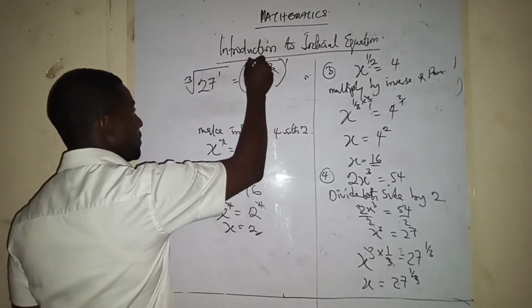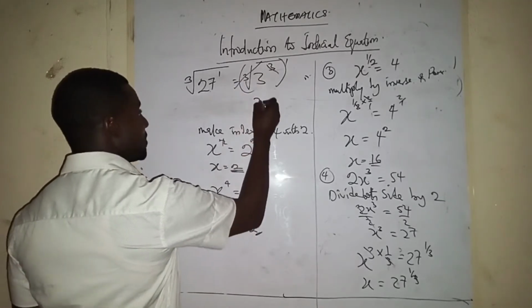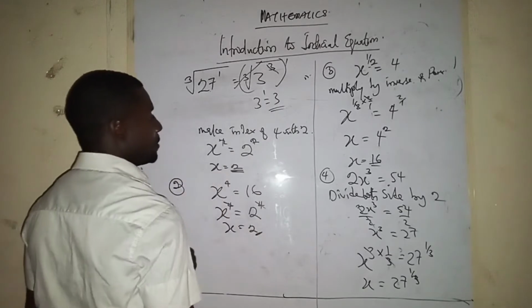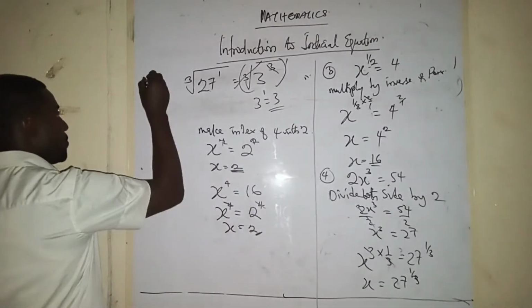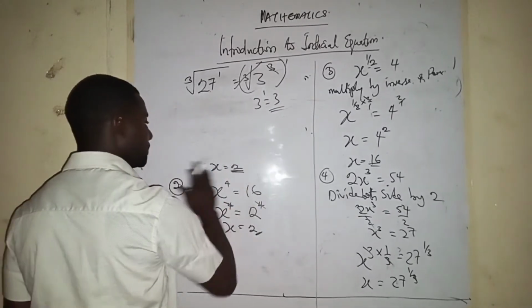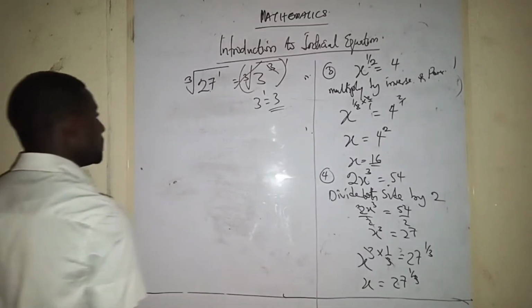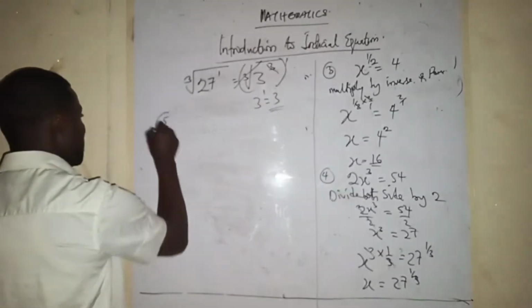So that the 3 here will cancel the 3 here outside. So you have 3 raised to 1, which gives you 3. That's your example 4. Next, we'll take number 5.